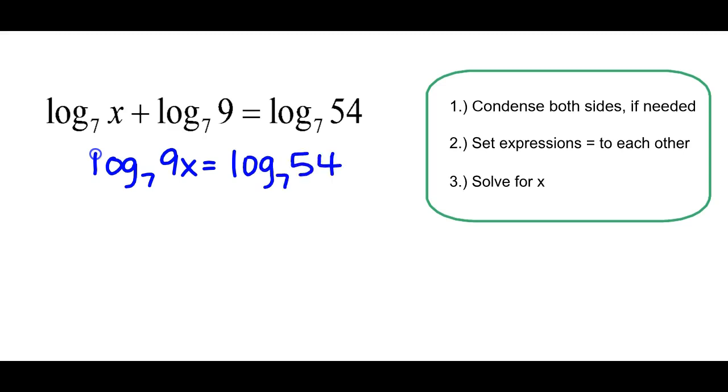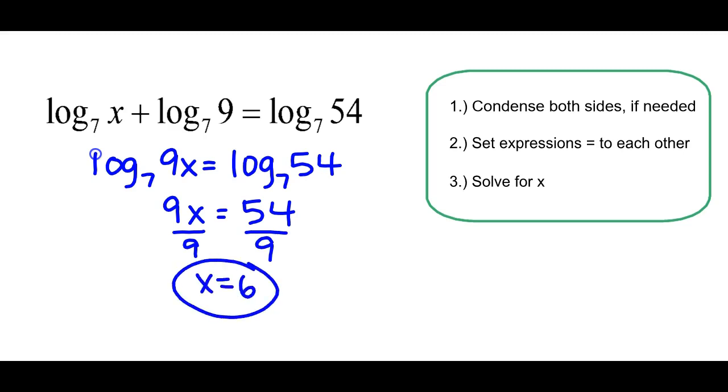I now have one single logarithm on both sides, so I can take those expressions 9x and 54, set them equal to each other, and solve for x. So x equals 6. Double check. Is it okay to put 6 in here? Will I still have a positive expression? And yes, it'll be log base 7 of positive 6.